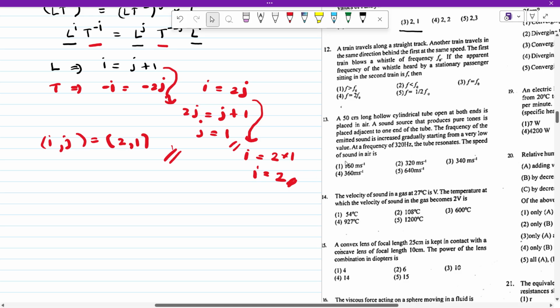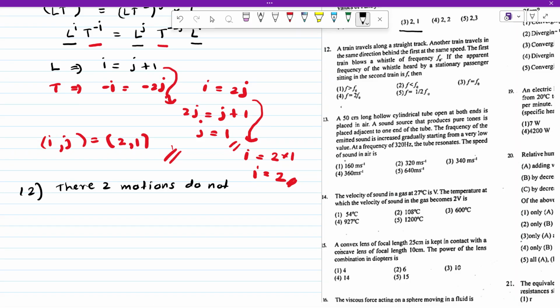Then, when dealing with question number 12, since the train with the observer and the train in front of the observer move at the same speed, it's already comprehensible that these two motions do not have any relative motion in between the source and the observer.